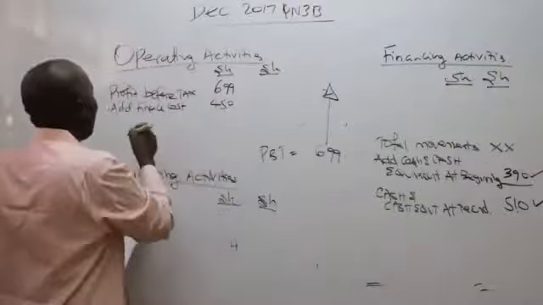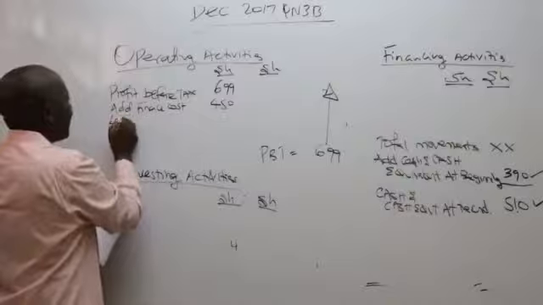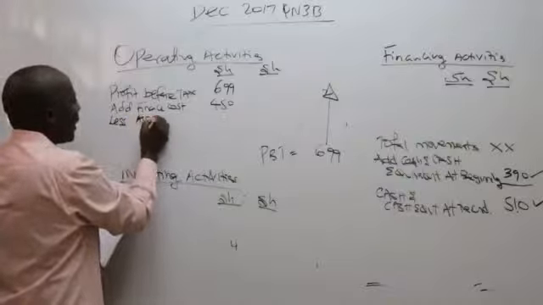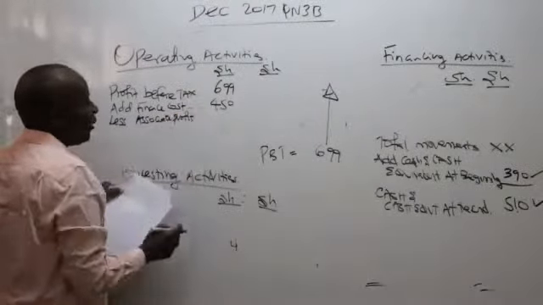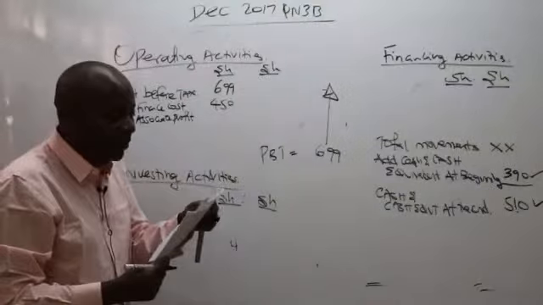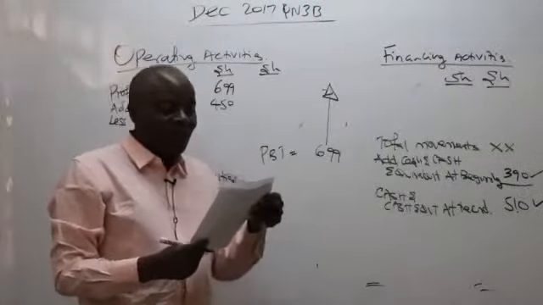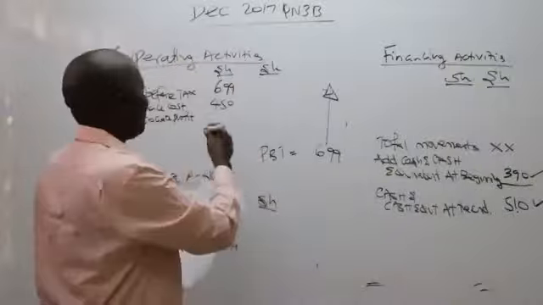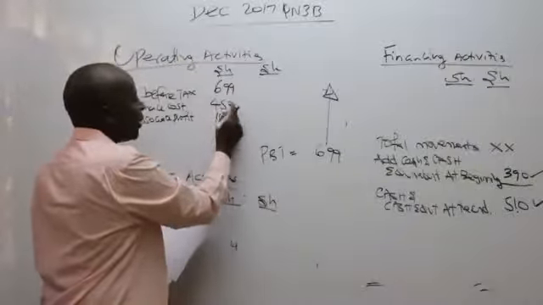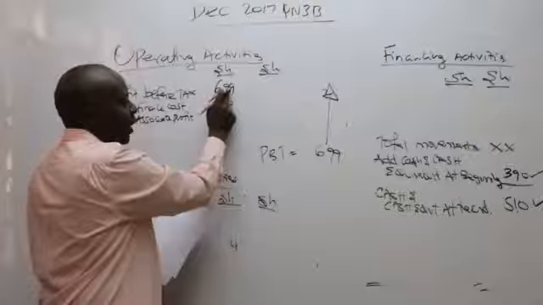So utakuja hapo, in this case here, less the associate's profit here. Associate profit ni ya pesa ngapi? Associate profit ni ya 144. I have to deduct it simply because they had added the figure to arrive at this.